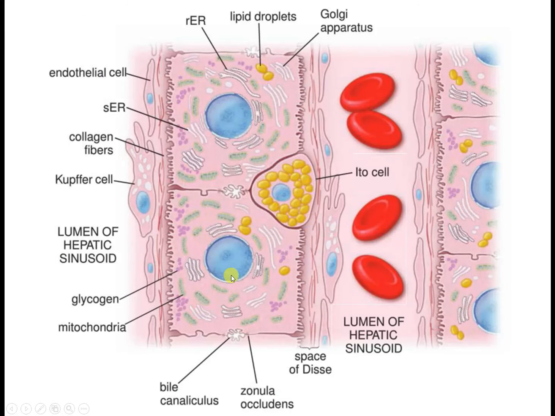Another function. Yeah, I forgot to say one more function. Yes, sorry. Toxins. What happens in the liver with toxins? When toxins enter the cell, they are absorbed, and here we have smooth endoplasmic reticulum, and inside the smooth endoplasmic reticulum we have cytochrome P450.